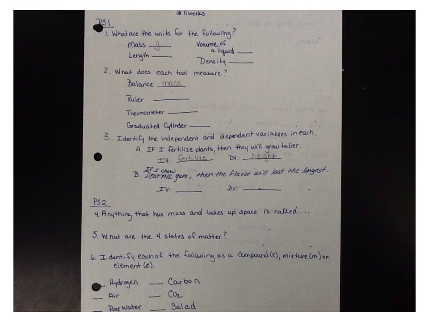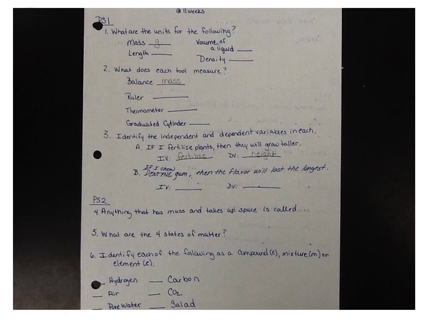Okay, so just a review on how to do this worksheet. So we do the units for the following. As you can see, I've done the first example. So the unit for mass is going to be grams.